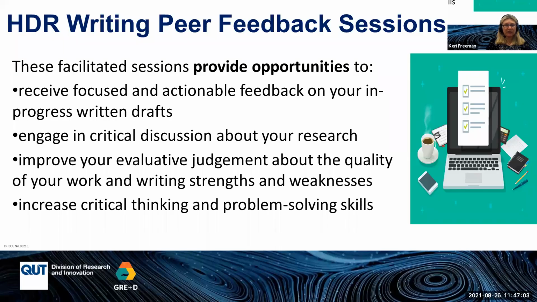So our HDR writing peer feedback sessions, remember I said to you, well, who are you going to get feedback from? If you weren't able to think of somebody, potentially you can come to one of these because you will get some really good benefits and get some feedback on your in-progress drafts, and it will help with your evaluative judgment, your critical thinking, of course. So really good idea to come to those if you can.